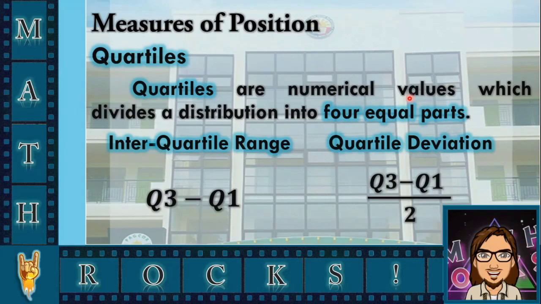So there are 3 numerical values pertaining to these quartiles. Normally, we name these quartiles as quartile 1 or the first quartile, usually denoted by Q1. And we also have the Q2 and the Q3.